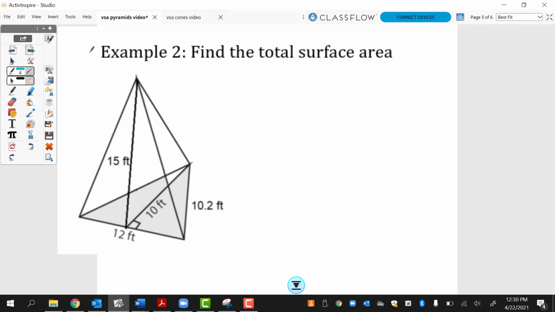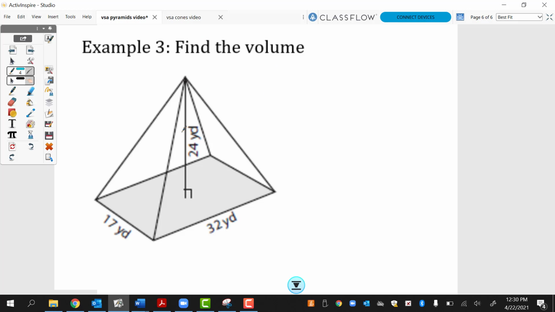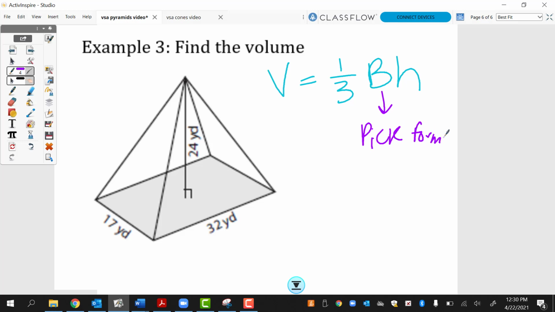The last one says, find the volume. So here's my pyramid. I am going to write the formula for the volume of a pyramid. V equals 1/3 big B times H. Big B, we know we have to pick a formula. So I need to figure out what shape is my base this time.